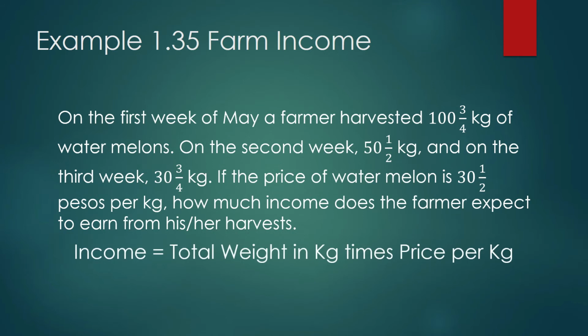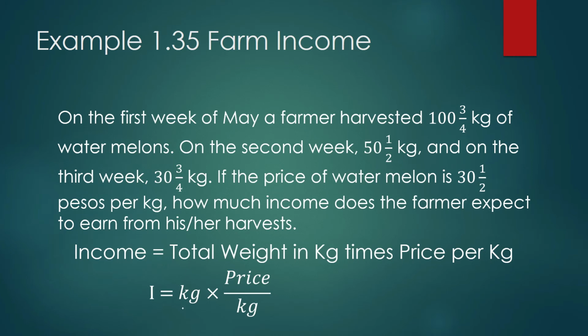So the total income is equal to the total weight in kilograms times the price per kilogram. One way to check if you are doing it correctly is to write the units of measurement and see if the result of the operation will produce the unit of measurement that you are expecting.